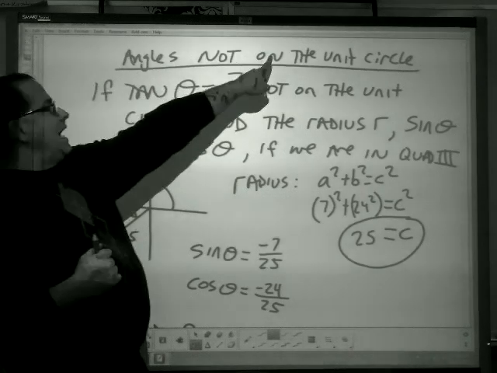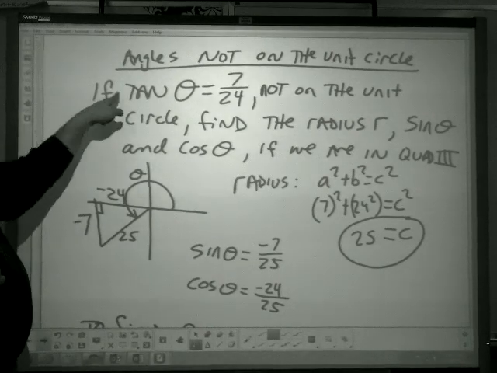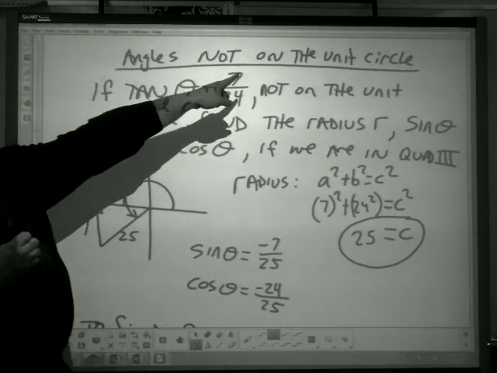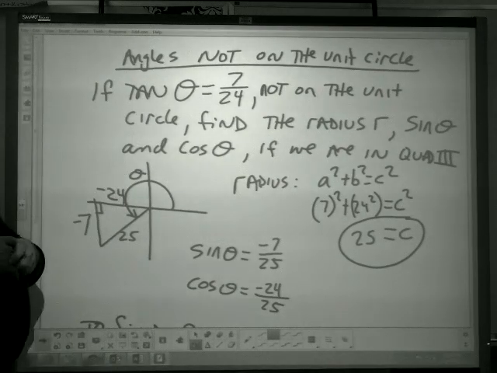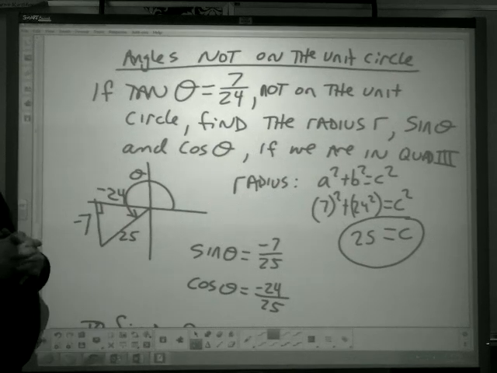What if the angle is not on the unit circle? For example, if the tangent of some angle is 7/24 and it's not on the unit circle, in other words, I no longer have a radius of 1.